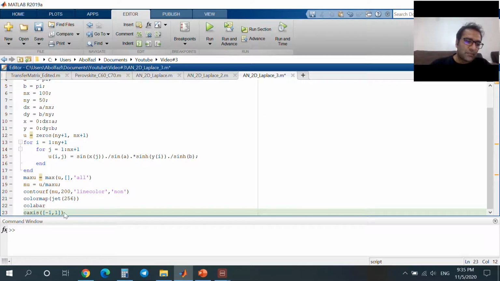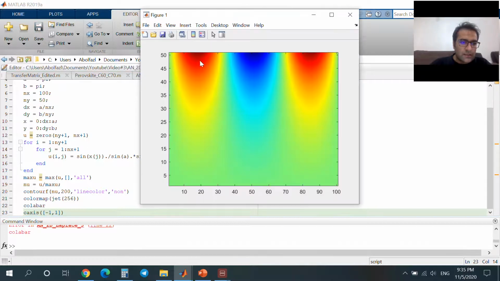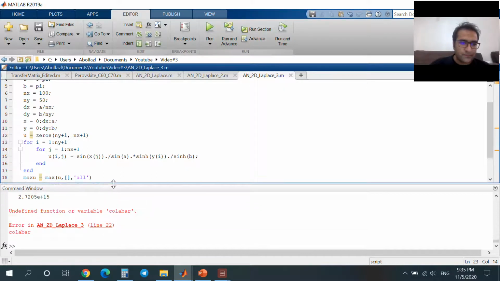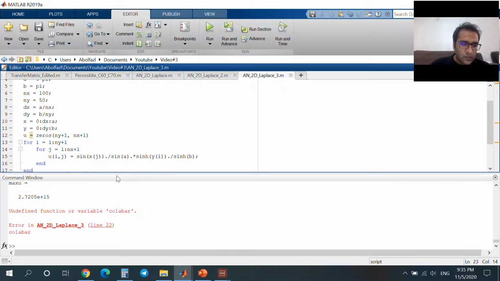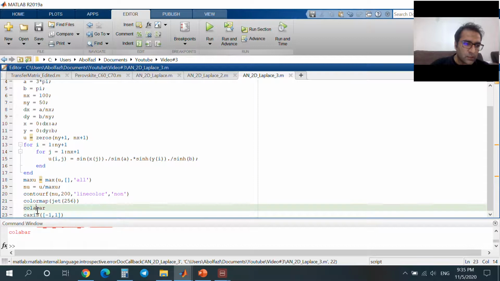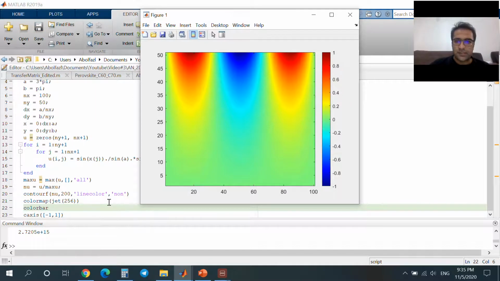So the minimum value could be -1, and the maximum value could be +1. Let's run it and see, is it okay or not? Okay, but there is an error. Color bar here, it was just a misprint.